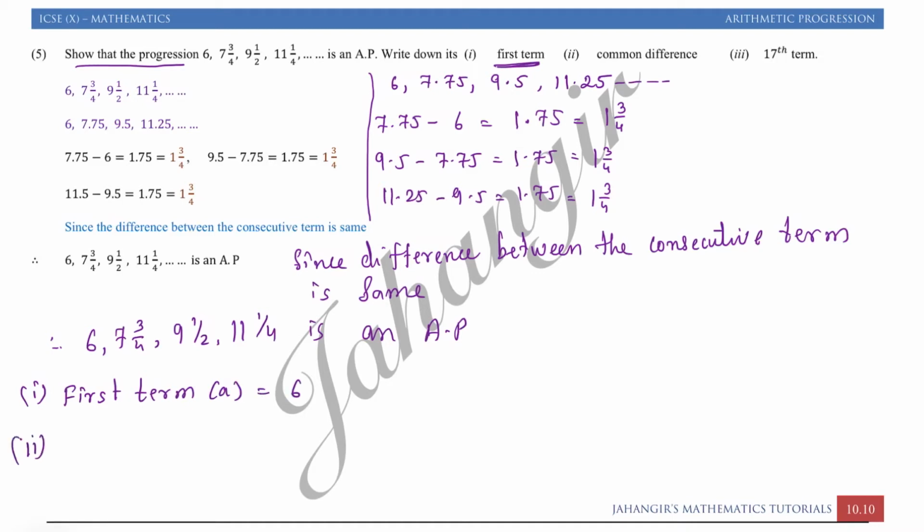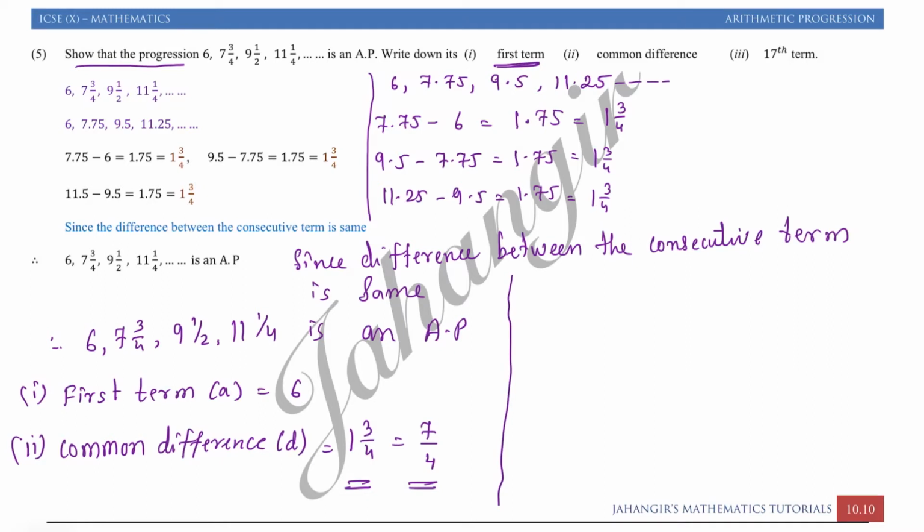Then in the second part we have to find the common difference. That is D, which we had already found here. It is 1 3 by 4, or you can even write 7 by 4. Now in the third part we have to find the 17th term.